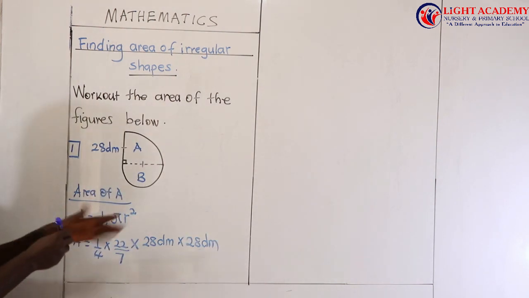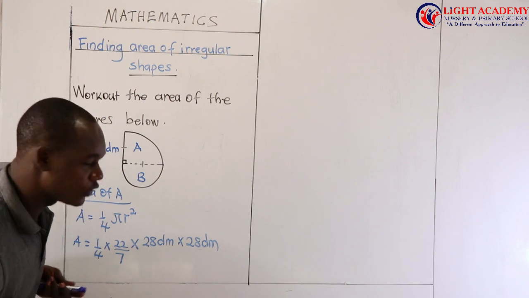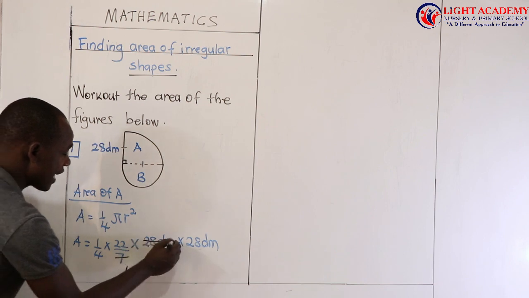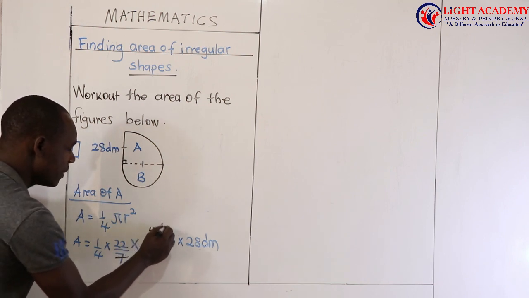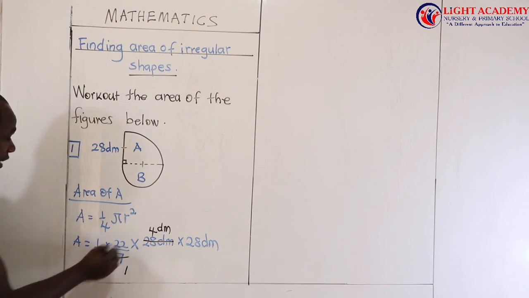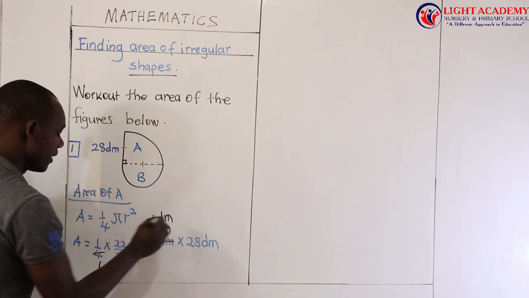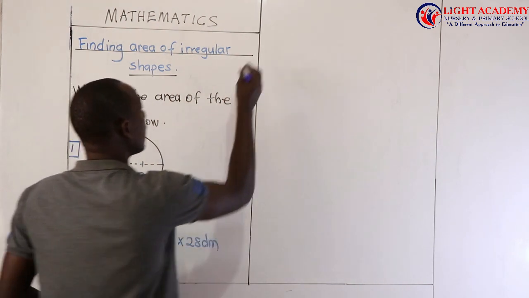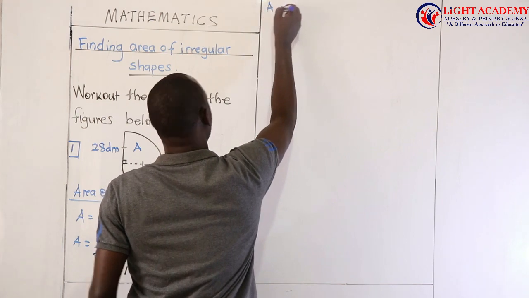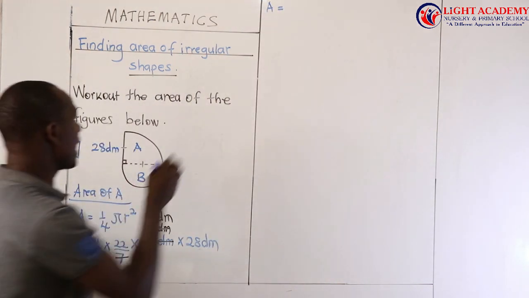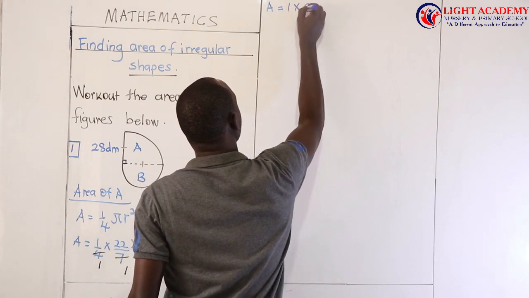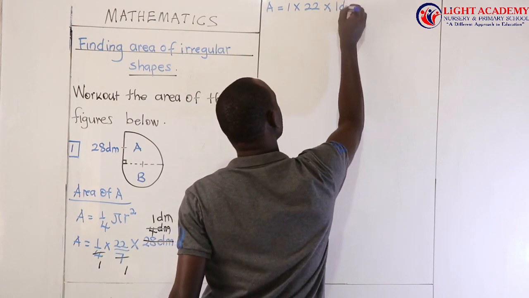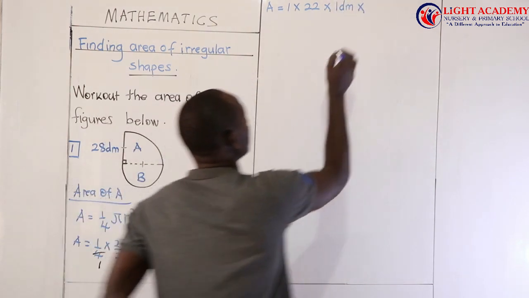So in this case, after multiplying like this, you now go ahead and reduce. I can reduce: 7 into 7 is 1, 7 into 28 I remain with 4 decimeters. And also 4 into 4 is 1, 4 into 28 is 7... so now from this point, what will I remain with? I'll work it out up here in the next step. We shall now have our area of that part A, which is a quadrant, as being 1 times 22 times 1 decimeter, then times 28 decimeters.